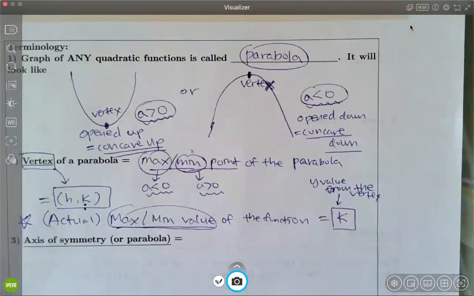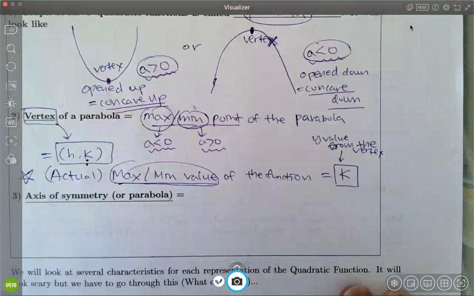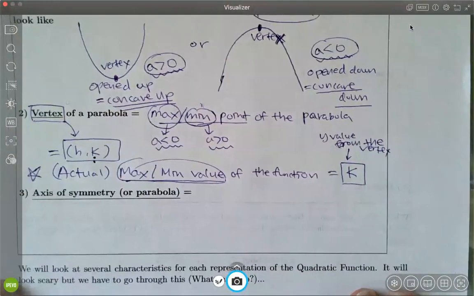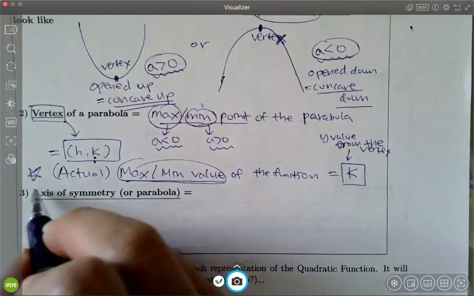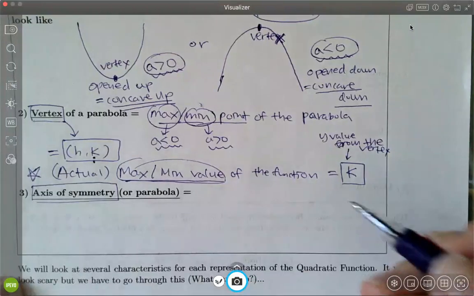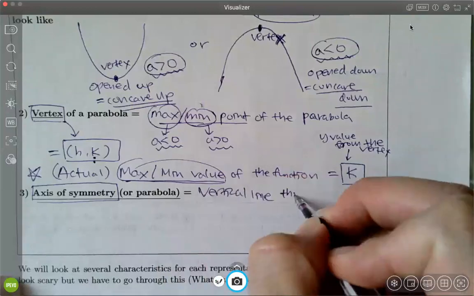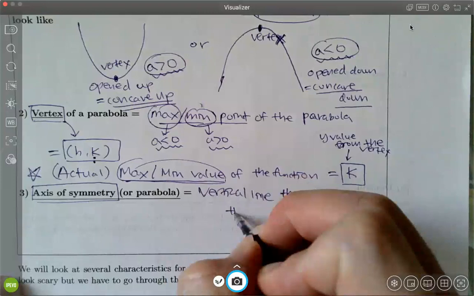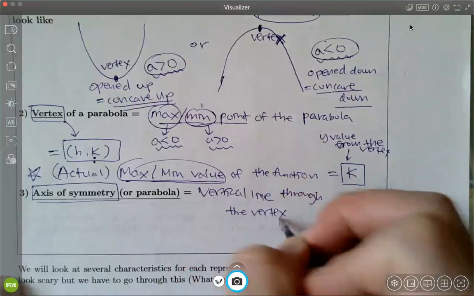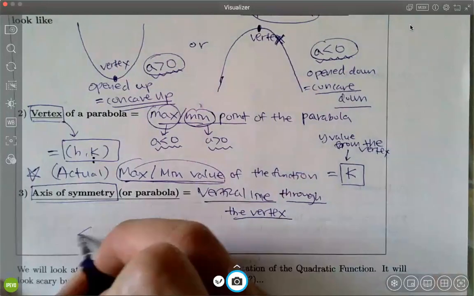And now, the next definition, axis of symmetry, or sometimes people say axis of parabola. It means the same thing. So this means the vertical line through the vertex. Now, remember, any vertical line has the form x equals a number.